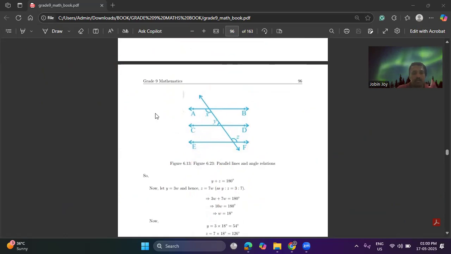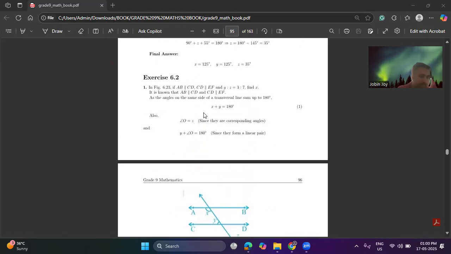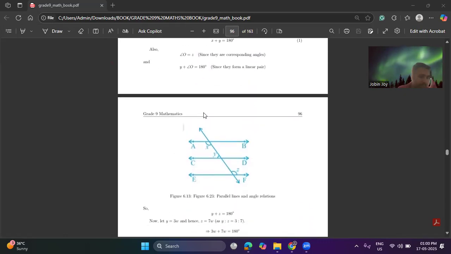Okay, next question, 6.2. In this problem, it is given that line AB is parallel to CD, and this line CD is parallel to EF.